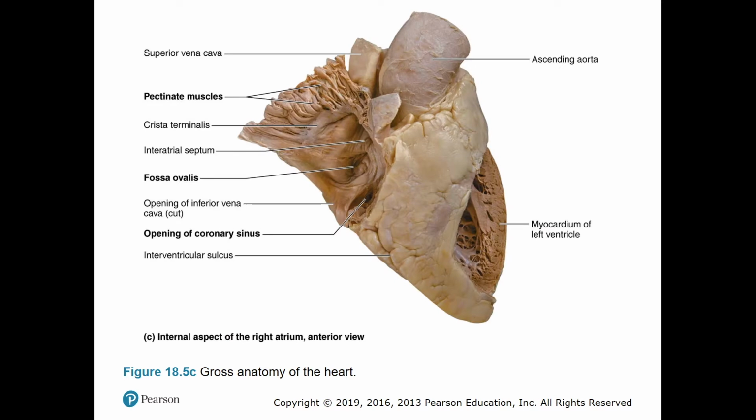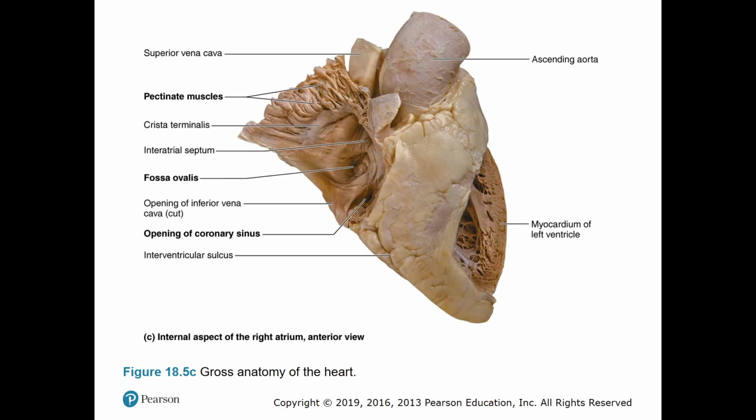In figure 18.5c, gross anatomy of the heart, you can see the pectinate muscles, which are on the inner surface of the auricle, these prominent muscular ridges. Also, you can see the fossa ovalis, which is what's left of the foramen ovale.